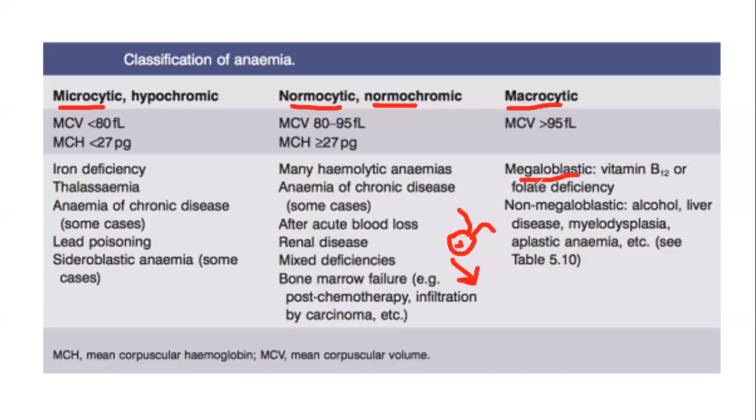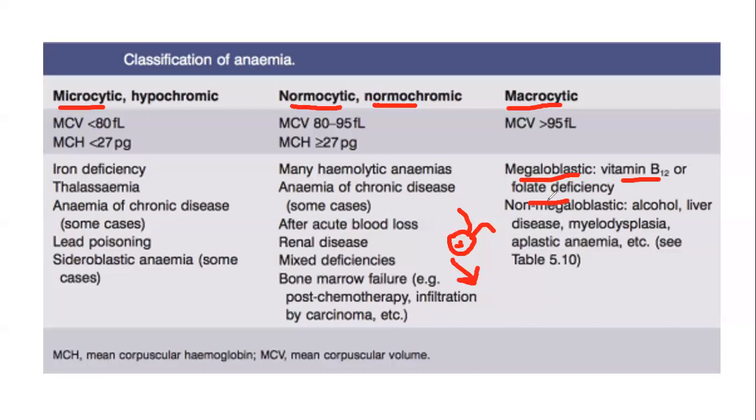Mega means bigger, and blast means the red blood cell before maturity. Megaloblastic anemia occurs because of vitamin B12 or folate deficiency. Vitamin B12 and folate are important components of cell maturation. When they are lacking, the cell size is bigger, but it does not work well.